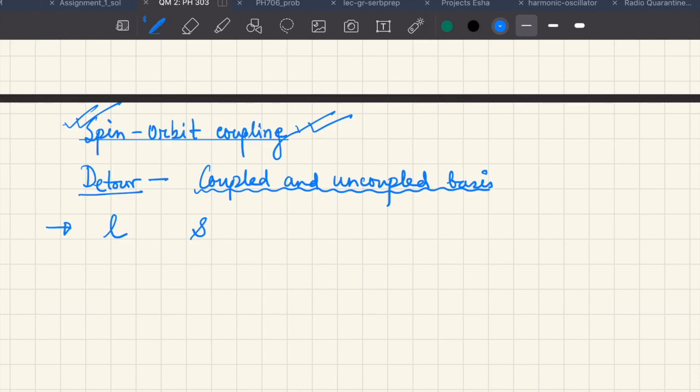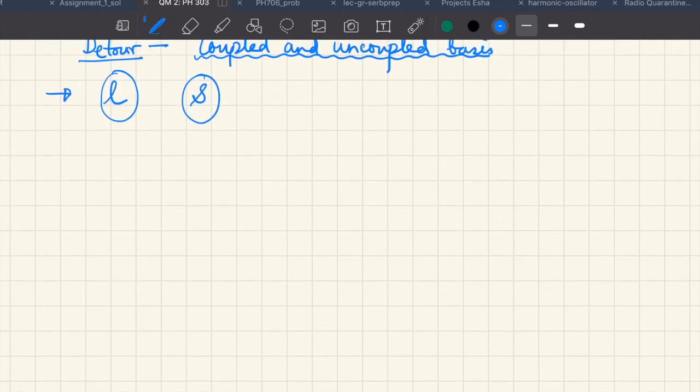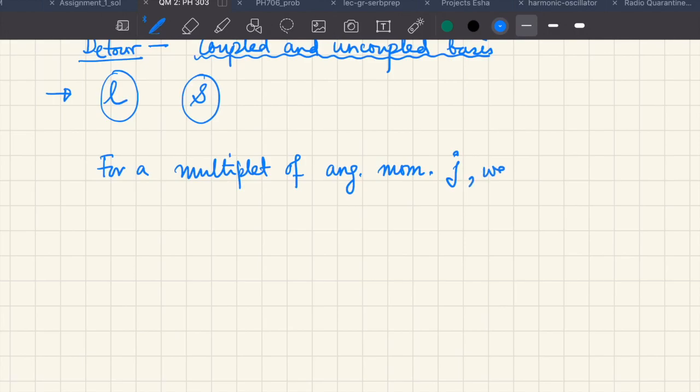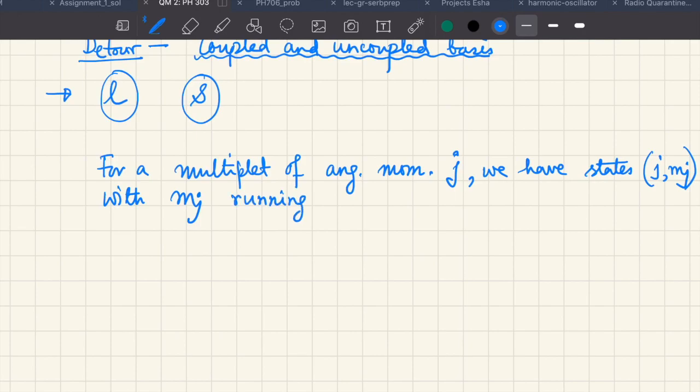So what we already know about this, recall in general for a multiplet of angular momentum, let us denote this by small j, we have states which we generally denote by j and mj, with mj running from minus j to plus j.